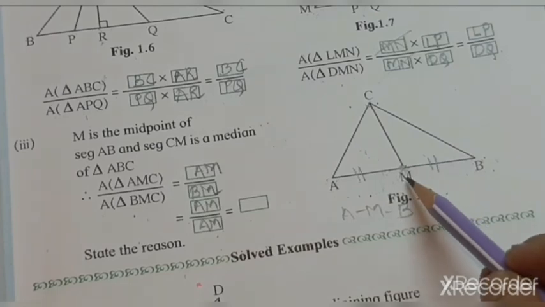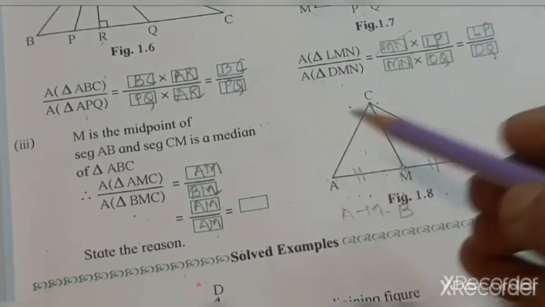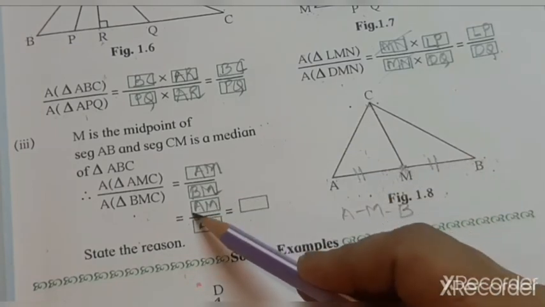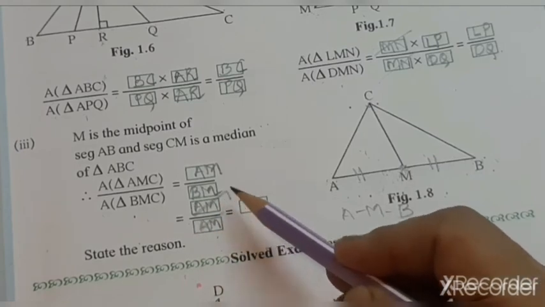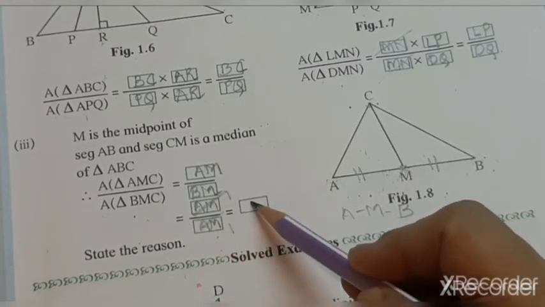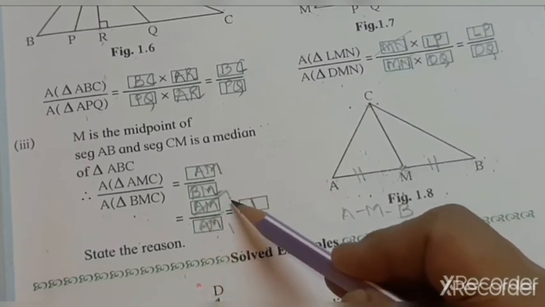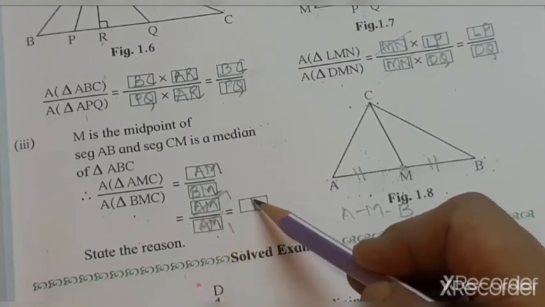As M is the midpoint, AM is equal to BM. Now here you will get AM upon AM, which can be cancelled, and therefore you get the answer here as 1. If you cancel AM upon AM, please don't write 0. Since they are same, the final answer comes as 1.